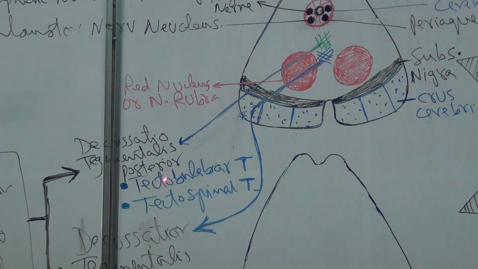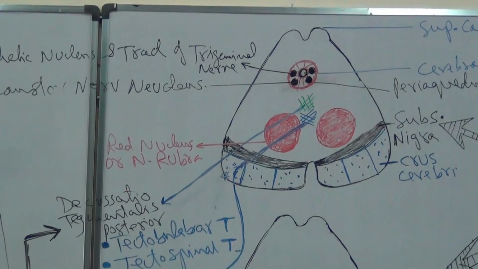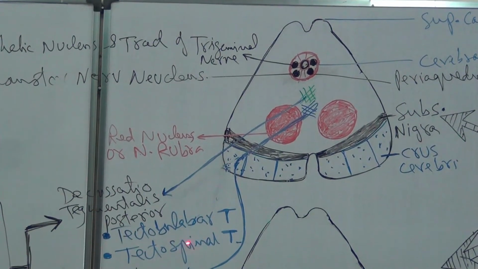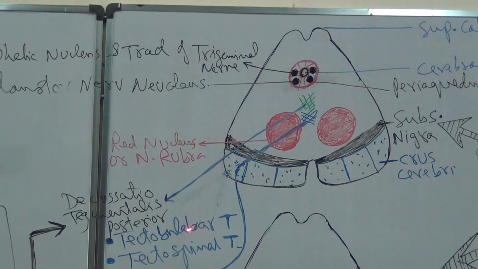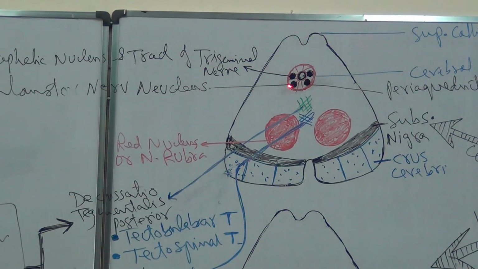As their name indicates, tectobulbar arises from the tectum, region of superior colliculi, to the medulla oblongata, and tectospinal tract arises from the superior colliculi and descends to the spinal cord. So these tracts decussate here in the decussatio tegmentalis posterior, and in front of it is decussatio tegmentalis anterior.